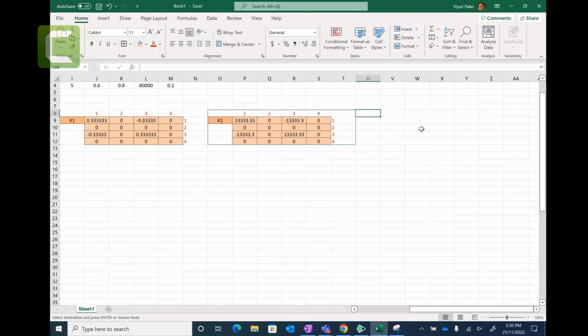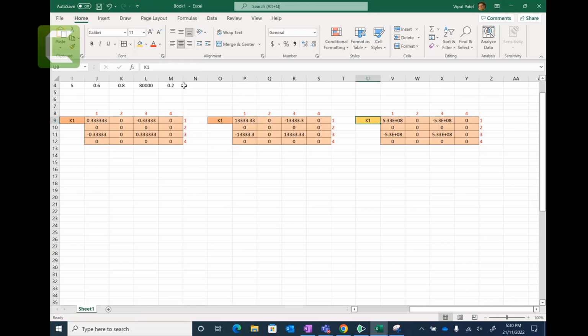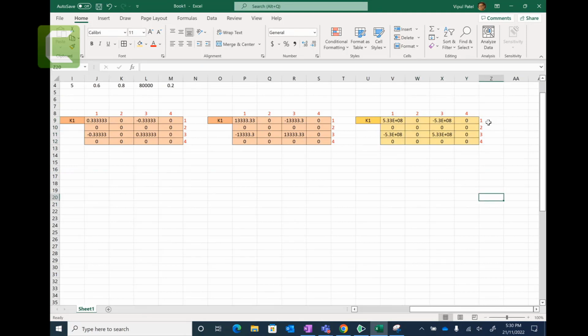Control C, Control V, and let's make a different color here, let's make it yellow. Here we will have 5 and 6 because we need a 6 by 6 matrix. And let's use the same format of these guys here.